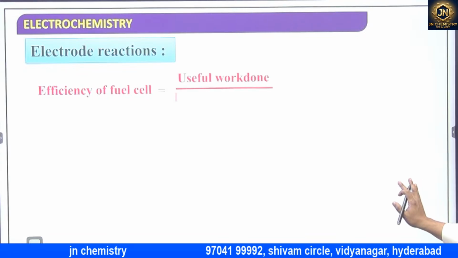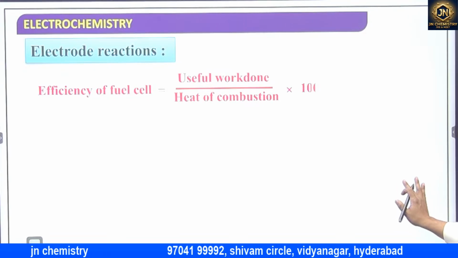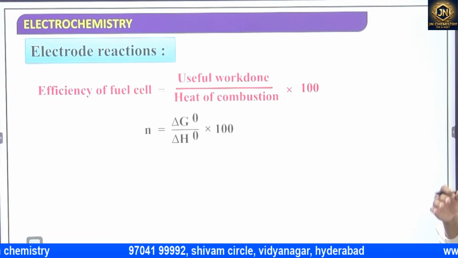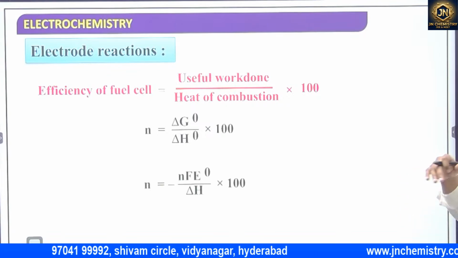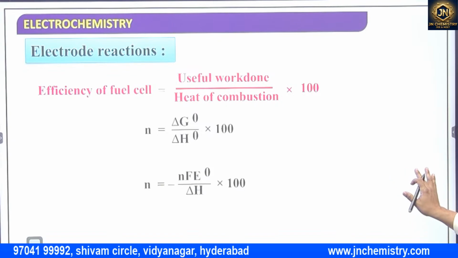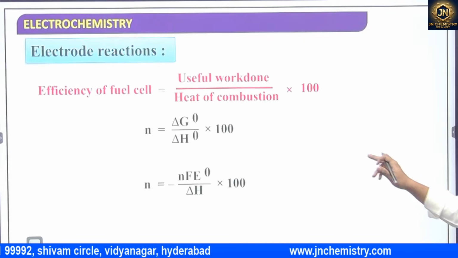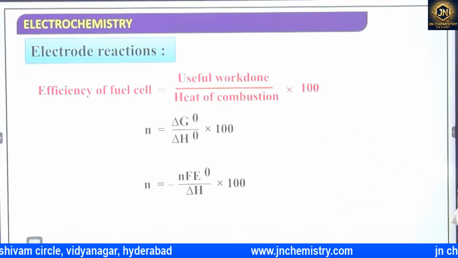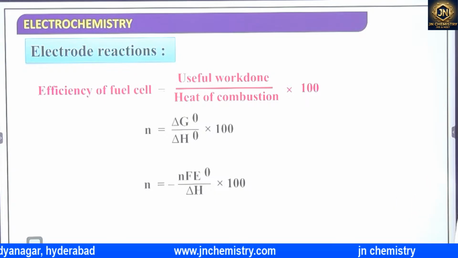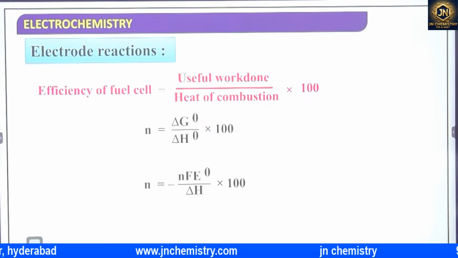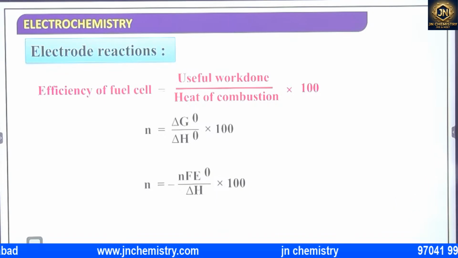Efficiency of a fuel cell: useful work done by the heat of combustion, that is delta G naught divided by delta H, into 100. So just write the formula. Efficiency of useful work done by the heat of combustion into 100.